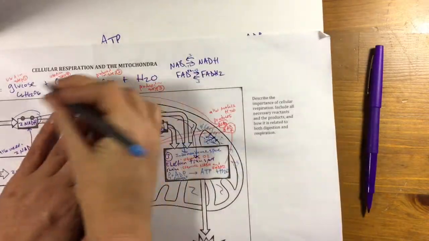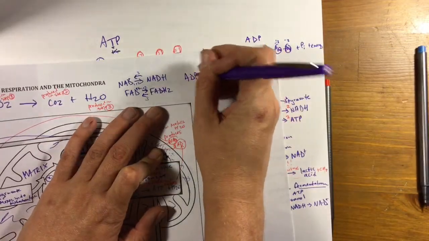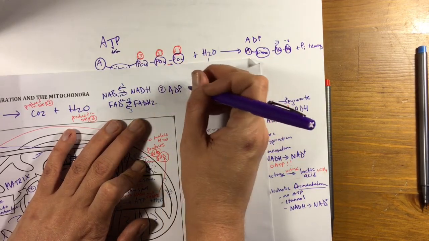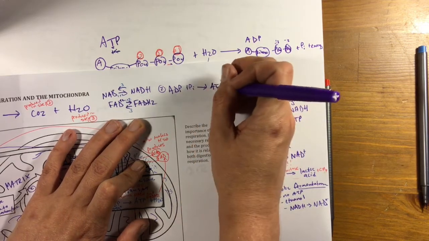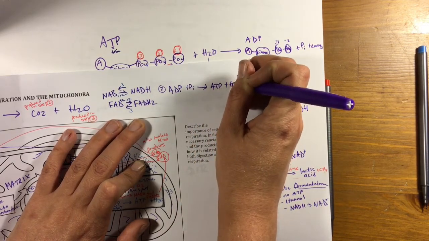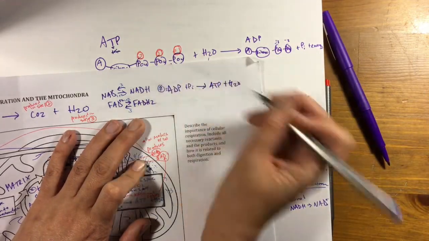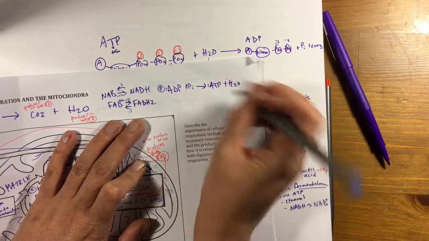We do also know that this produces a whole lot of ATP, so we have a whole lot of ADP that's required. We get 2 ADP plus some phosphates going to ATP plus water in steps 1 and 2, giving you 2 ATPs. I'm not going to balance that.